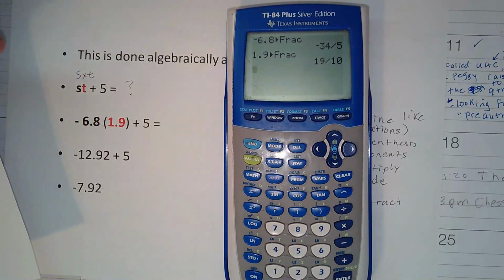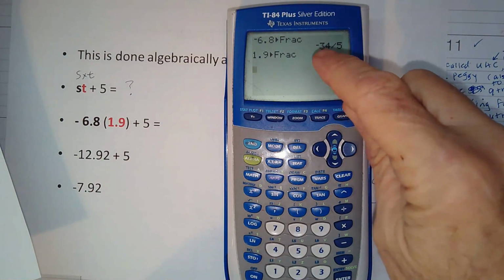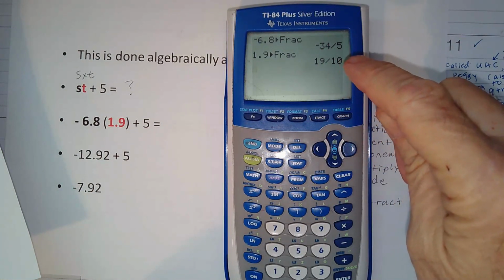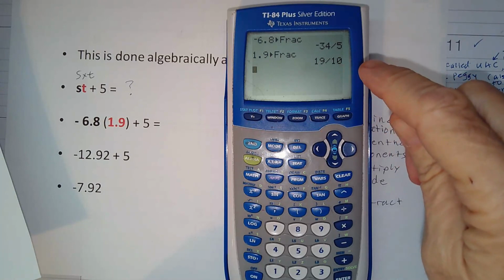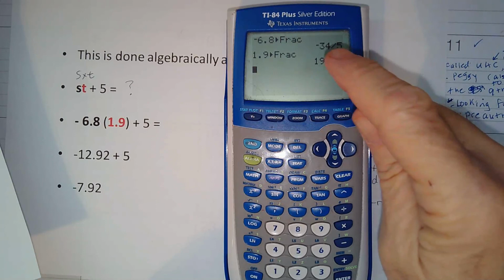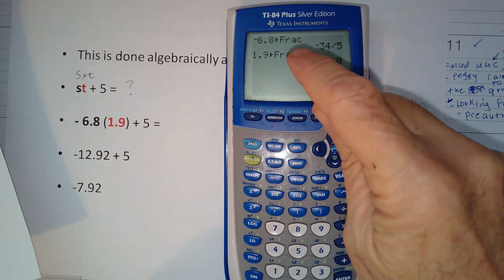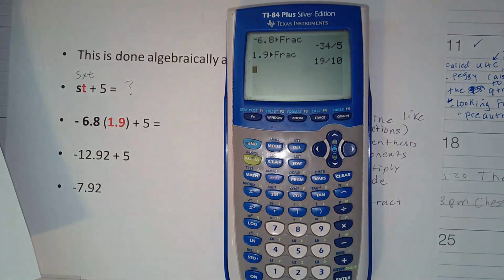You understand what integers are, numbers that don't have fractions in them. So 19 and 10 are integers. Negative 34 and 5 are integers. They're numbers that do not have a fraction in them. But you can take two integers, like negative 34, and divide it by 5, and you get this number, negative 6.8, and that is a rational number.